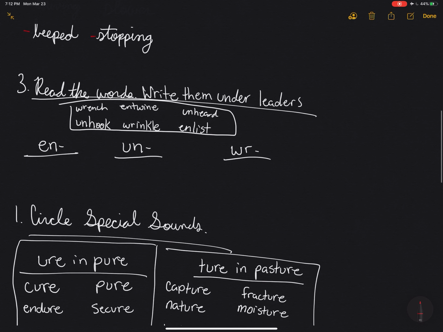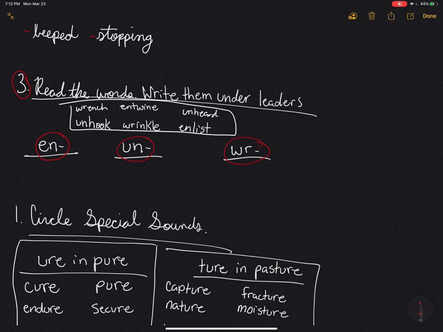Section number 3. Pay very close attention because this one will trick some of you if you're not careful. The instructions say, read the words and write them under their leaders. What I'm about to circle are their leaders. The EN is a leader, the UN is a leader, and the WR are leaders.